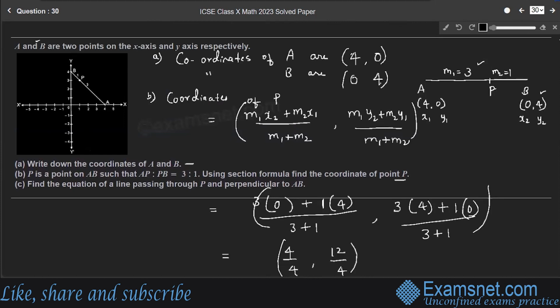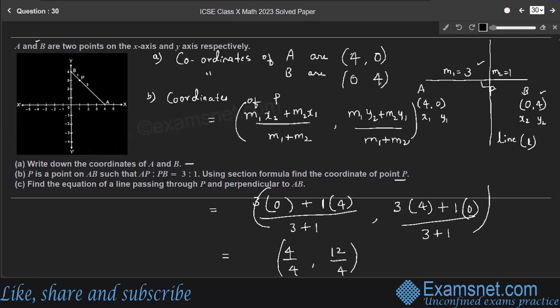So the next question is, find the equation of a line passing through P perpendicular to AB. Let us consider a line passing through P which is perpendicular to AB, like this. Let L be the line. We need to find the equation of this line which is perpendicular to AB. When two lines are perpendicular, the product of their slopes is always -1.